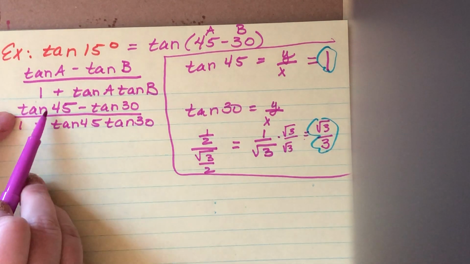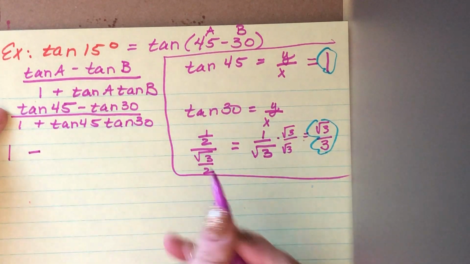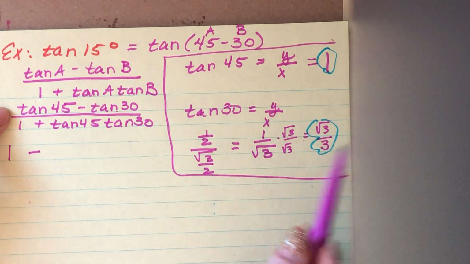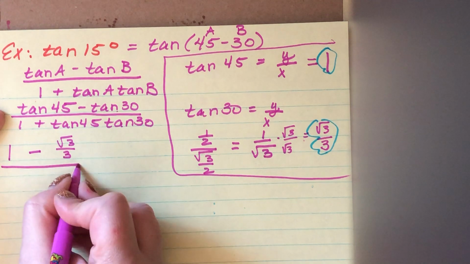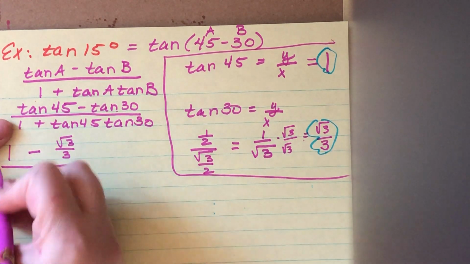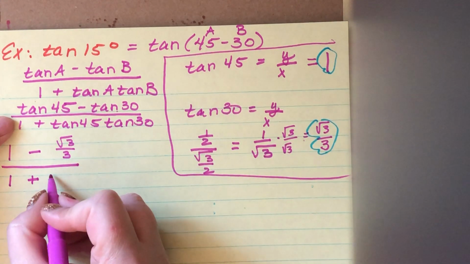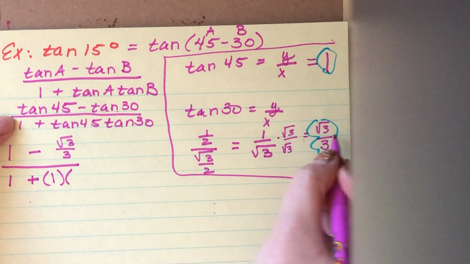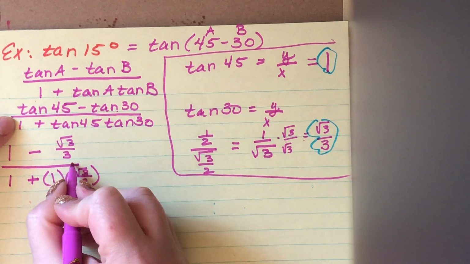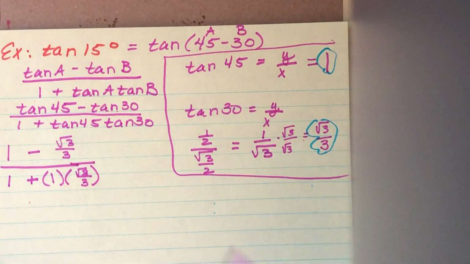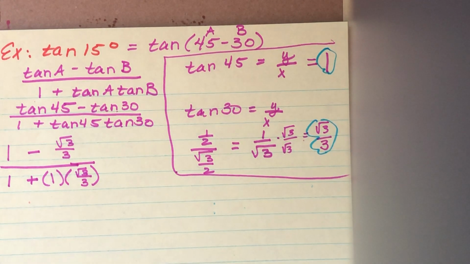So I'm going to have tan 45, that's 1, minus tan 30, that's square root 3 over 3, all over 1 plus tan 45, that's 1, times tan 30, that's square root of 3 over 3. Yay. Okay, now I'm going to do a little LCD work.